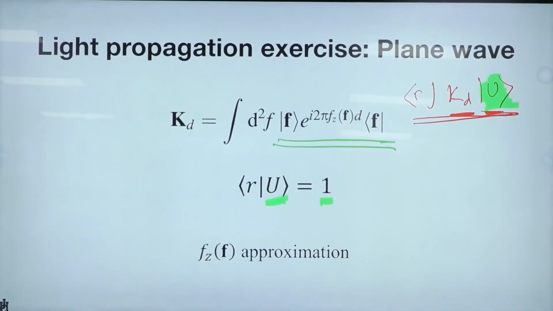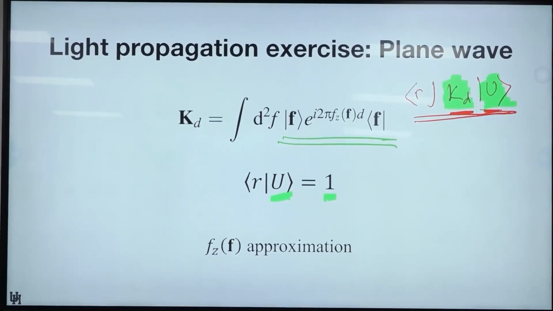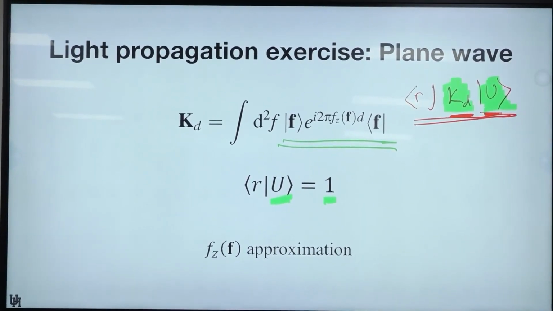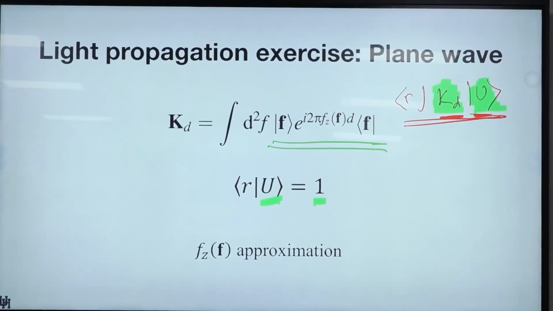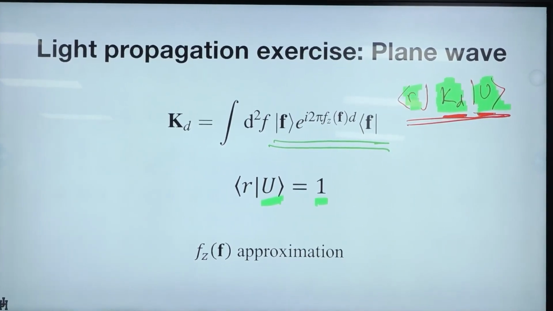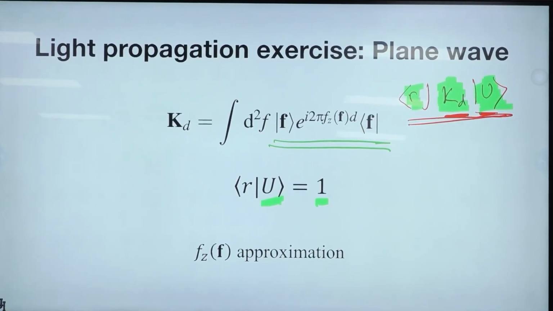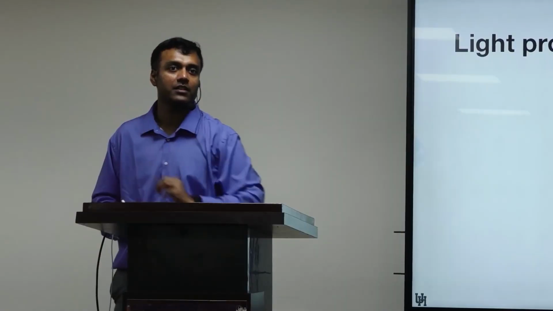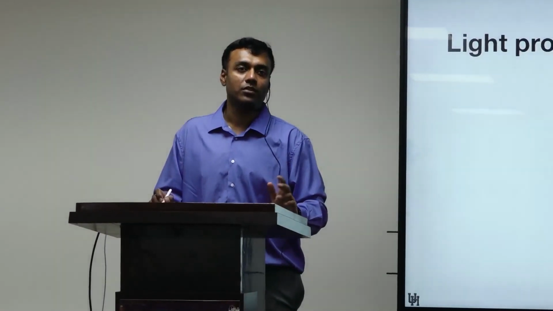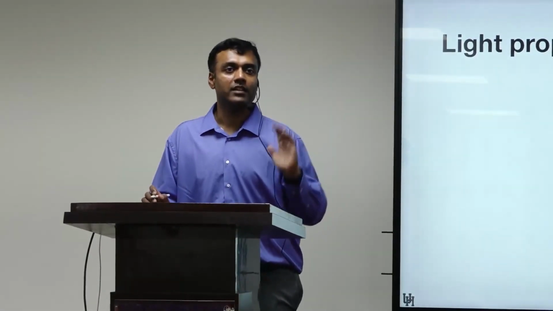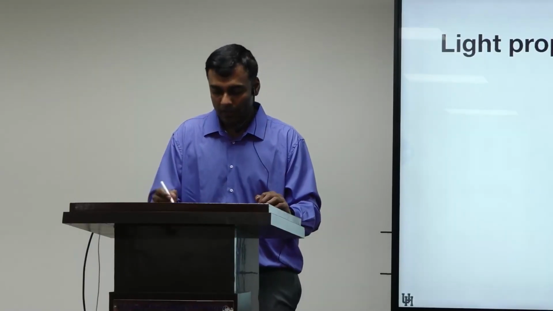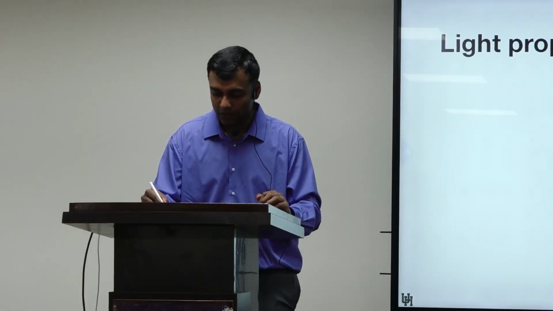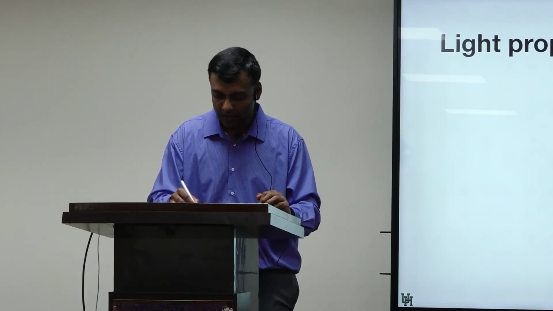If an operator kd is acting on it, it makes it travel a certain distance d, and you want the answer in xyz coordinates. In the plane after it has traveled a certain distance, what is the value of the field in that plane? That's what you want to do.